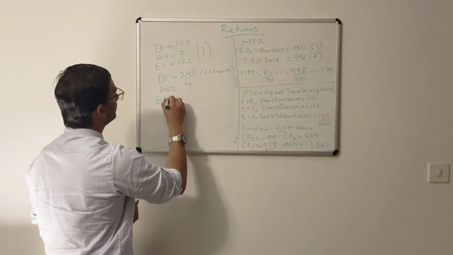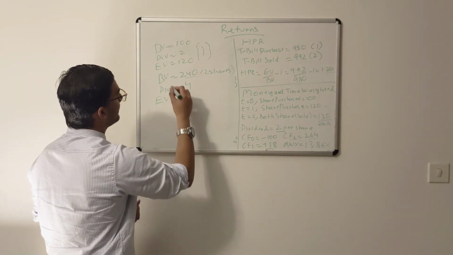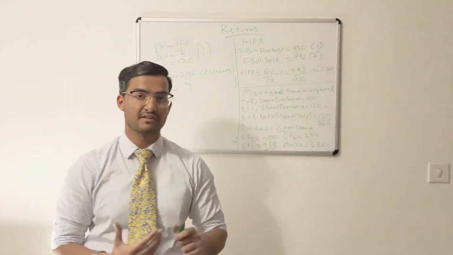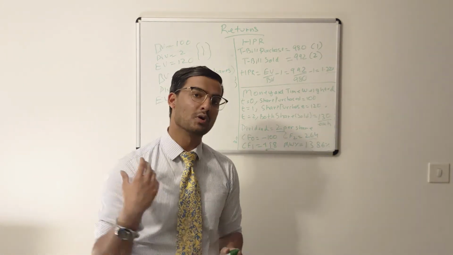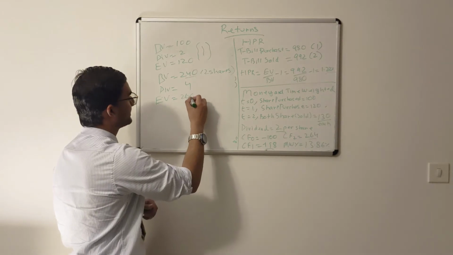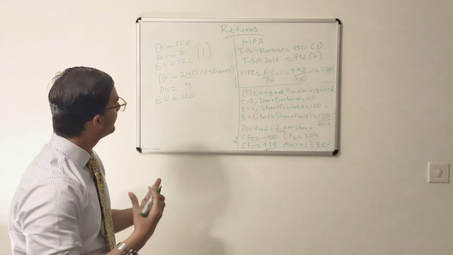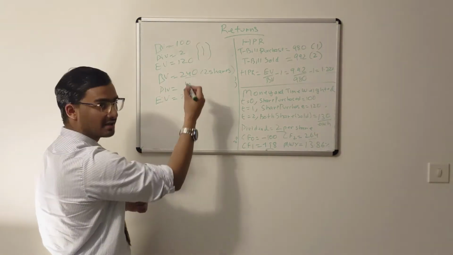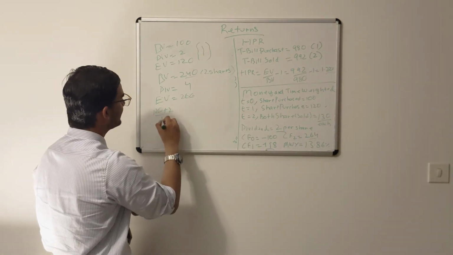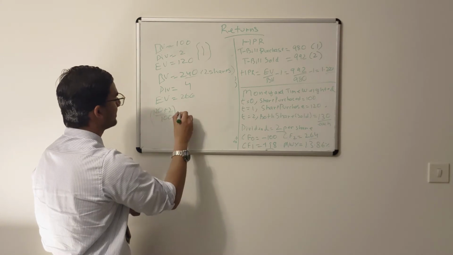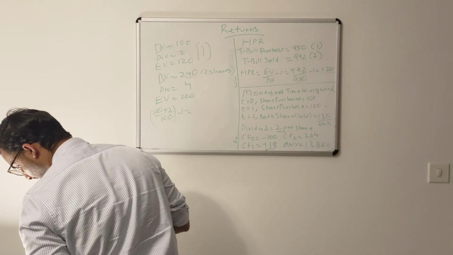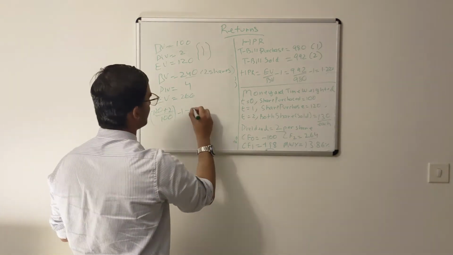Your ending value would be, because you are selling both the shares, just like in the money weighted rate of return, in the time weighted rate of return, you will be selling both of the shares. That would be your 260. Now, how do you compute it? It is basically your 120 plus 2, divided by 100, minus 1, which will give you a figure of 22%.